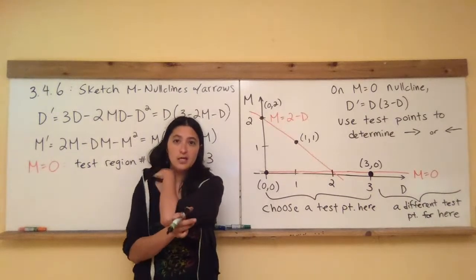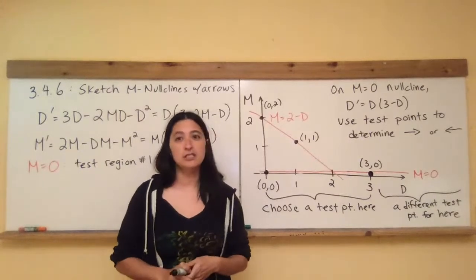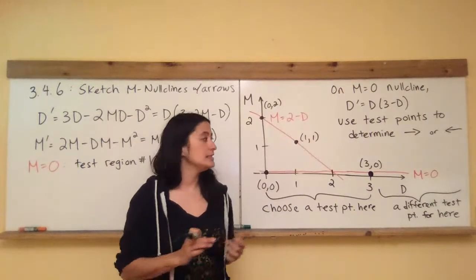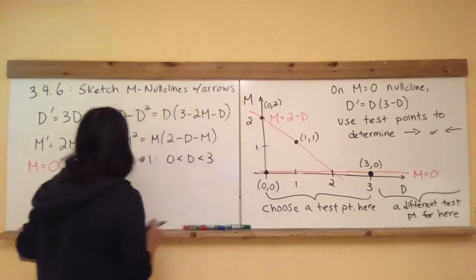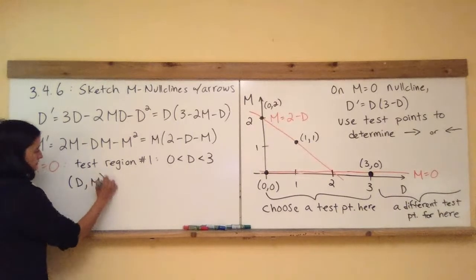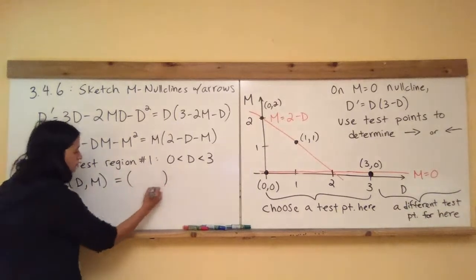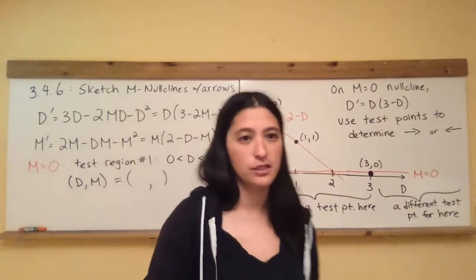Go ahead and suggest a point for me to test. Remember that you need to suggest a point in D, M format. I'm going to wait for your suggestion, and then I'm going to use your suggestion.